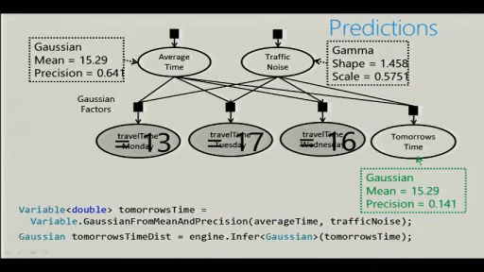And we can now infer what it will take tomorrow. And again, you can get the mean and variance of that travel time. So this is, in a nutshell, how Infer.NET works. You write a little bit of code that describes your model, you feed it training data, you infer some of the distributions, and then once you know that, you can make predictions.